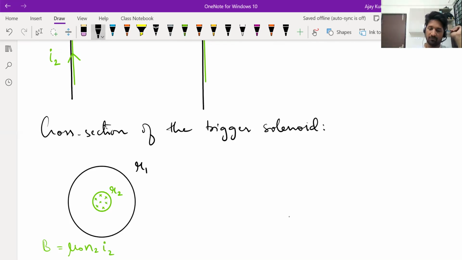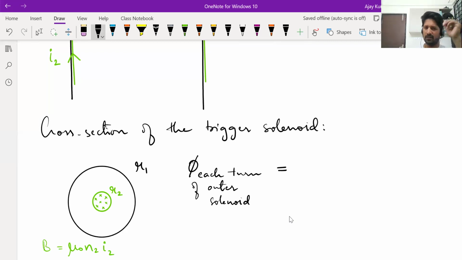Now we need flux in the bigger solenoid due to the field produced by the smaller solenoid. Flux in each turn of the outer solenoid is what we'll have to find out now.